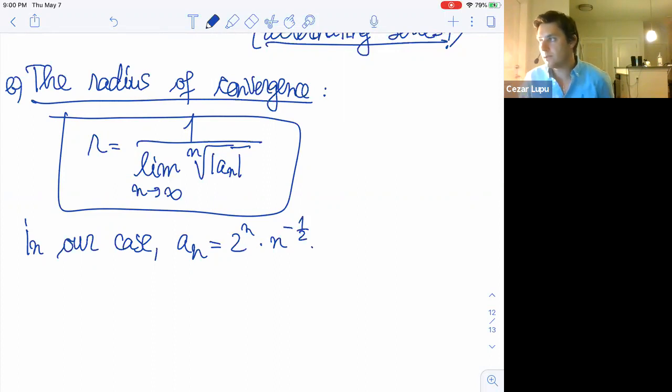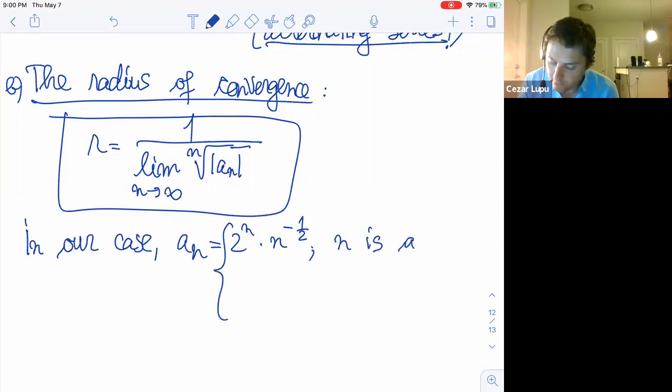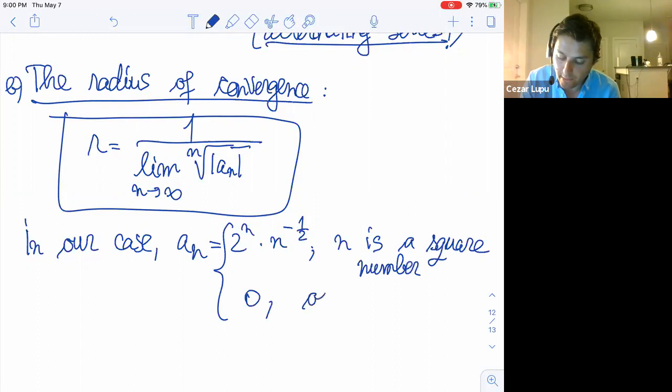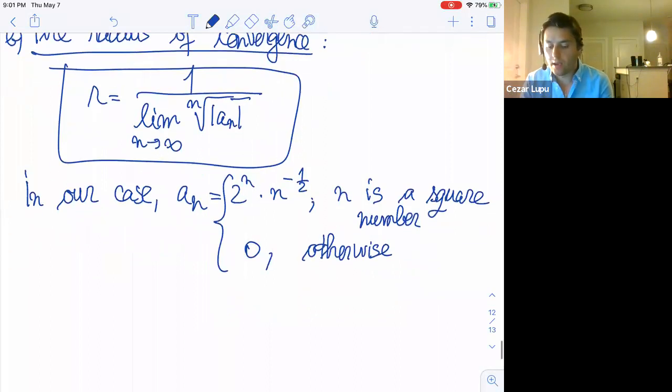if n is a square number, and 0 otherwise. This is who an is. And now we just have to compute the limit of this.